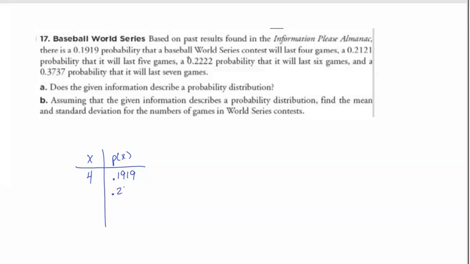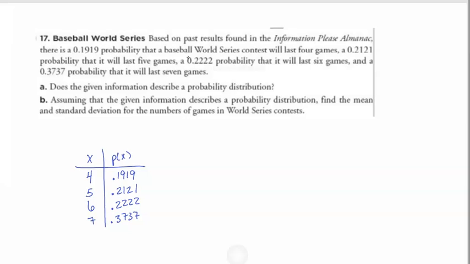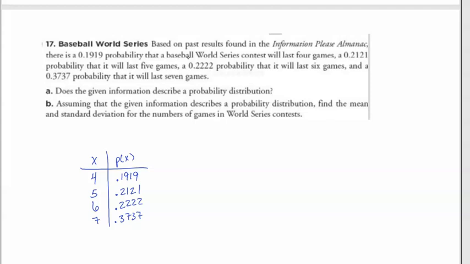There's a 0.2121 probability that it will last 5 games. A 0.2222 probability it will last 6 games. And a 0.3737 probability it will last 7 games. So we got 4, 5, 6, and 7 games, and then probabilities associated with them.